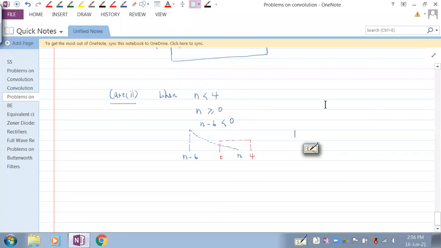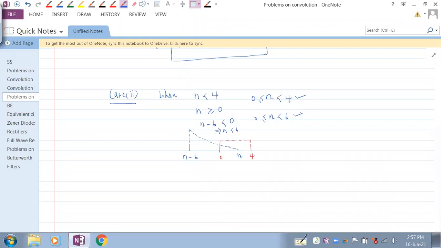So see, let's see how this happens to be. So see here, we have n being greater than or equal to 0 and less than 4. This is one thing. And we can have n being greater than 0 and n less than 6. So you have two ranges. Which is the shorter range? Can you make out?